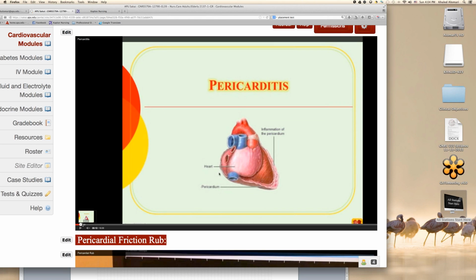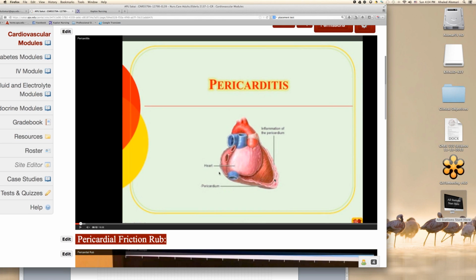The pericardium will prevent that infection from spreading and reaching the heart. That's the physiology. Now the pathophysiology is that, as you see here, the pericardium should be a specific layer, a specific size, and if it's inflamed, or if the fluid inside the pericardial sac, which should be a very small amount, increases, then basically that will restrict the movement of the heart.